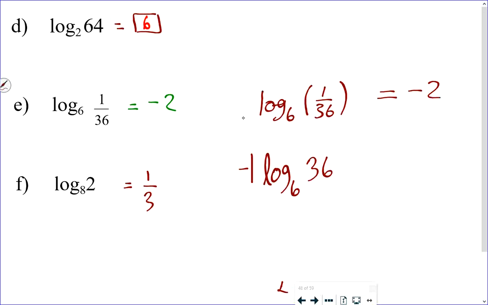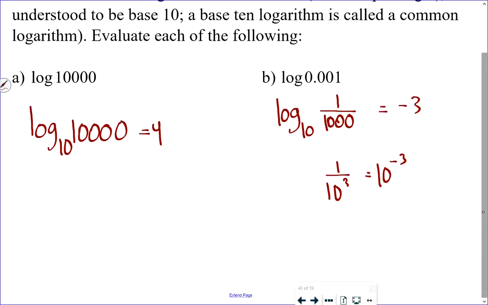Harder on the brain than figuring out what log base 6 of 36 is? Log base 6 of 36 is 2, multiplied by that negative. Okay. And that means over here with this one, we could have said this is negative log base 10 of 1,000, and log base 10 of 1,000 is 3, so it's -3.